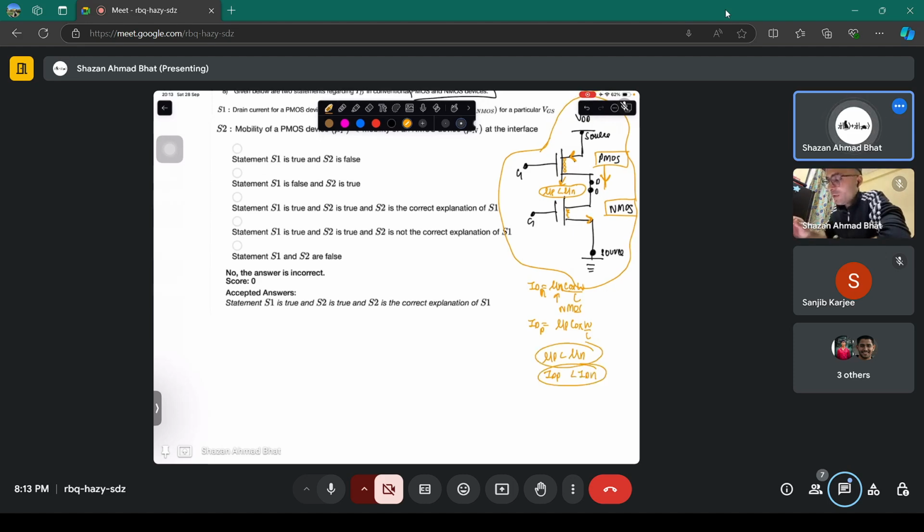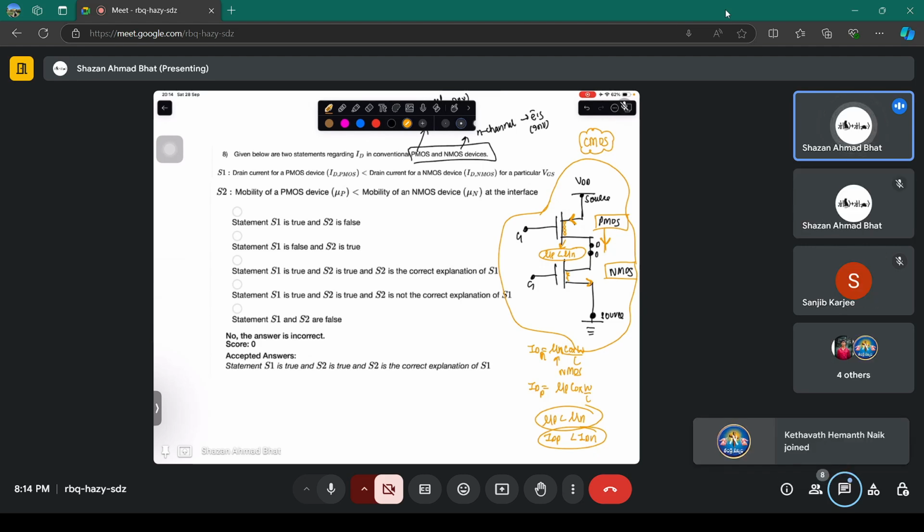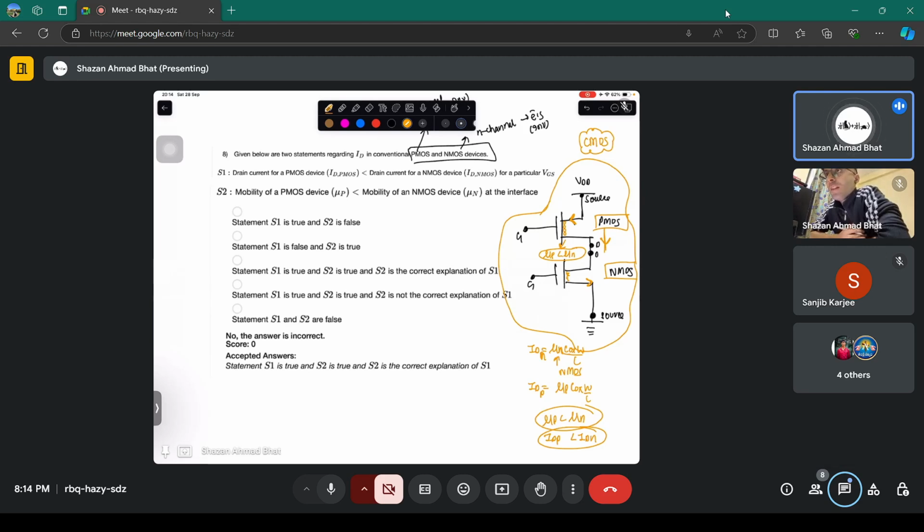I mean, mobility is going to affect the current because holes are, I should say, heavier than that of electrons because holes are located much closer to the nucleus in a layman language. So they have more effective mass, hence less mobility, and hence in the PMOS you get a lesser current.